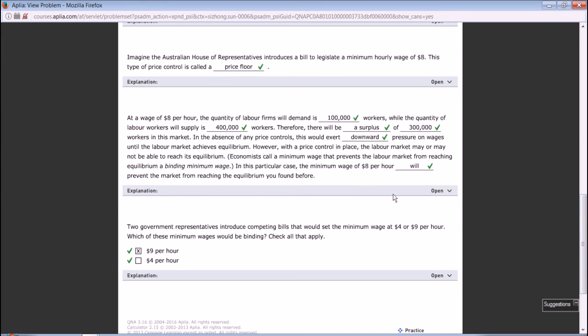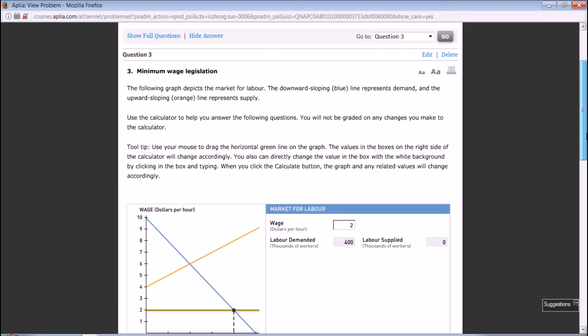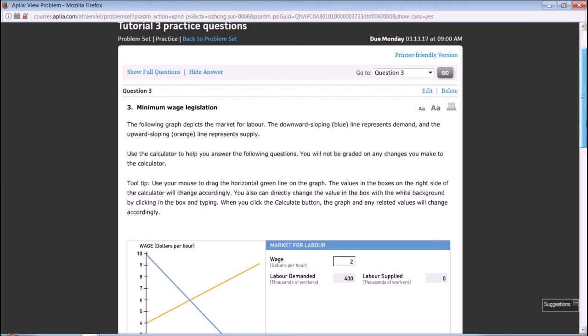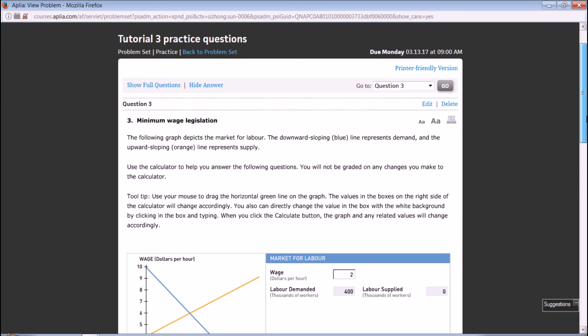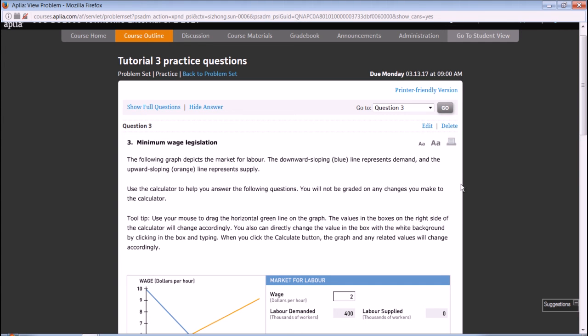Here, the $4 minimum wage is not binding, and the $9 minimum wage is binding because it's higher than the equilibrium without the price control. Okay, that's all for tutorial 3.